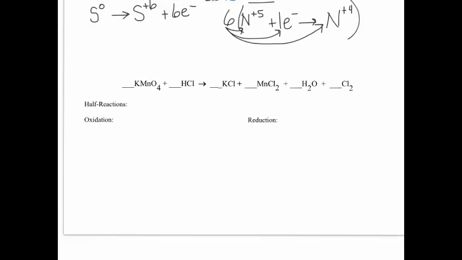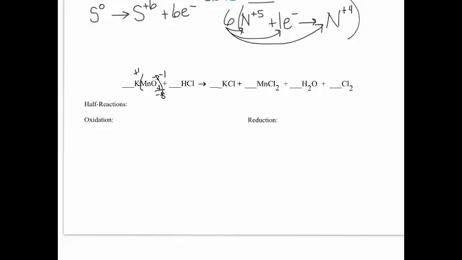All right, let's do another example. Our first step is to assign all of our oxidation numbers. It is helpful to have table E when you have polyatomic ions. I'm nerdy enough, I have those memorized. Also, having the periodic table is helpful in looking up oxidation numbers.